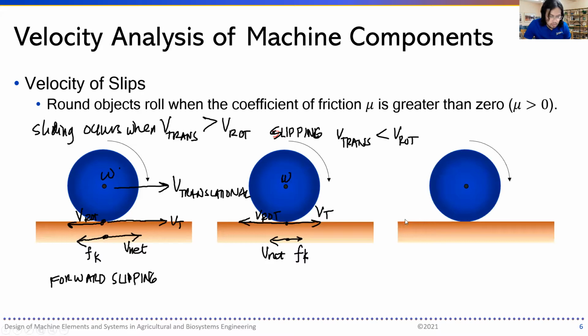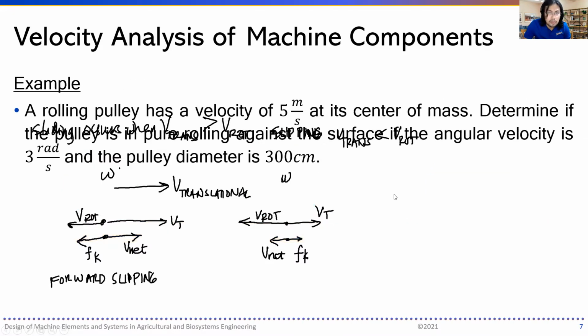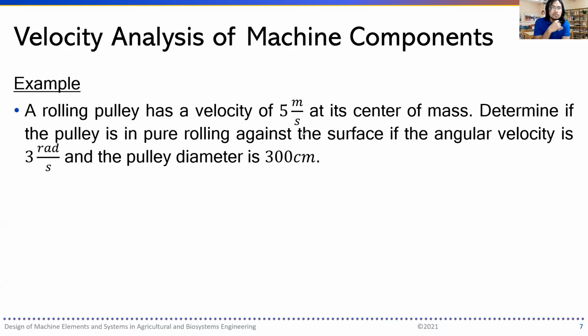How's that applied? A rolling pulley has a velocity of 5 meters per second at its center of mass. What's being asked is whether this pulley is in pure rolling contact against the surface it's rolling on.